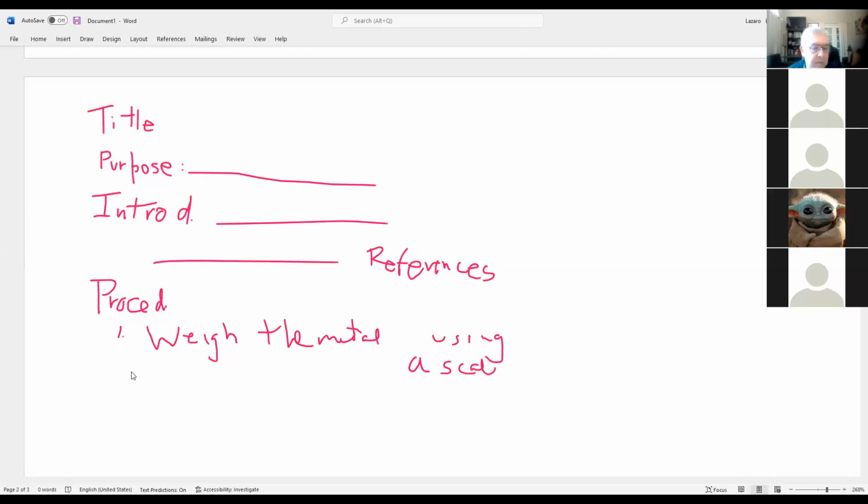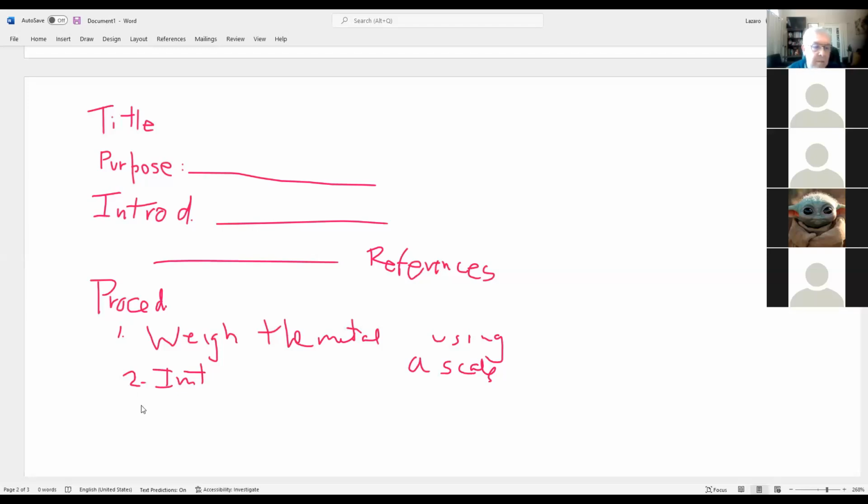Number two, introduce it in a graduated cylinder with 25 milliliters of water. Okay, as you can see, these are commands. Very simple, very straight to the point of the activity that you're going to do.